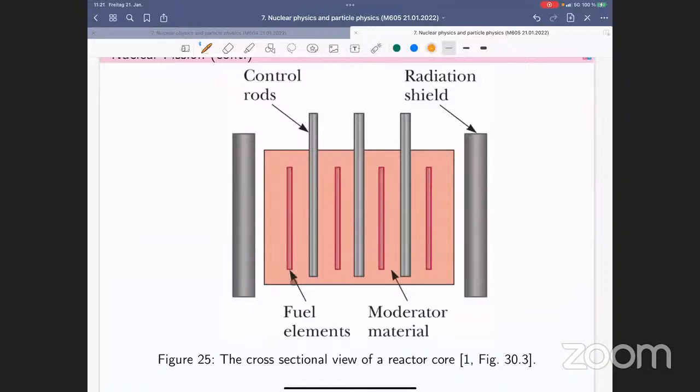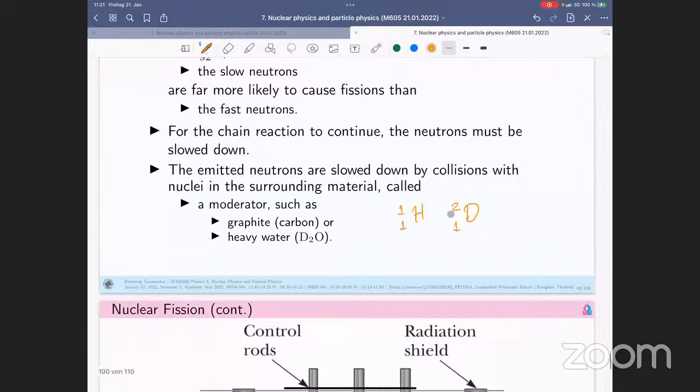We have fuel elements, that's the bar of uranium-235. And we have moderator material in the form of graphite or heavy water. As I told you, heavy water is made of deuteron together with oxygen. We get D2O, which is a kind of water, but it's not water for drinking.